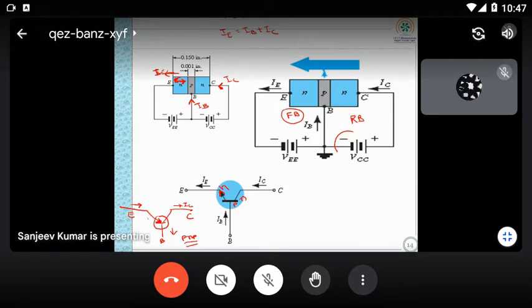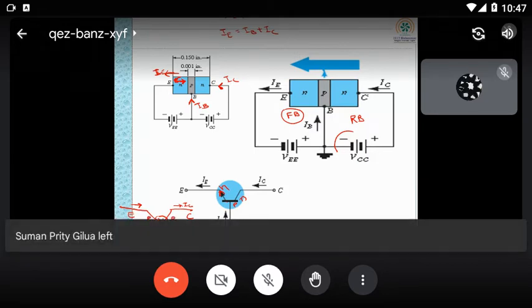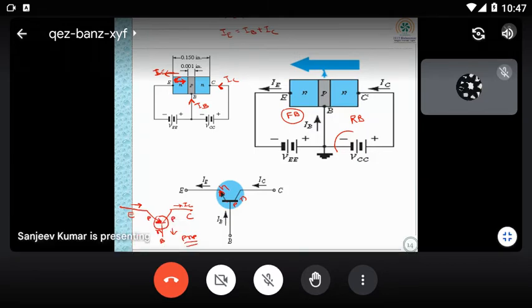So the only difference between NPN and PNP is the flow of current direction.